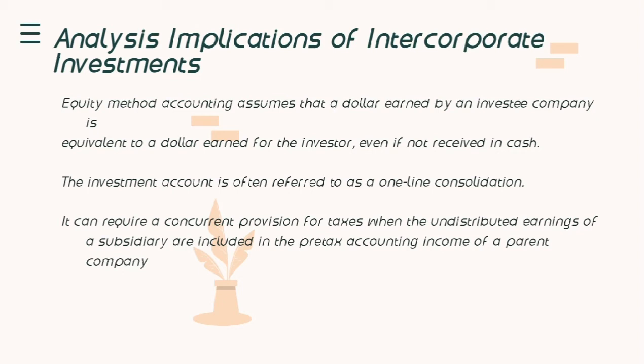Current practice assumes that all undistributed earnings transfer to the parent, and thus a provision of tax is made by the parent in the current period. This assumption is overcome, however, if persuasive evidence exists that the subsidiary either has or will invest and distribute earnings permanently or will remit earnings through a tax-free liquidation.